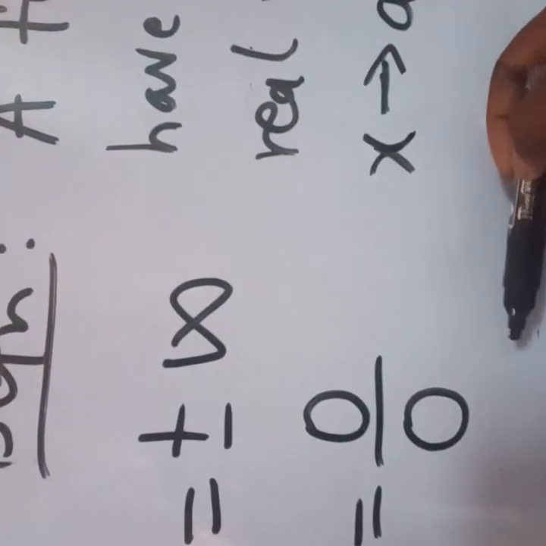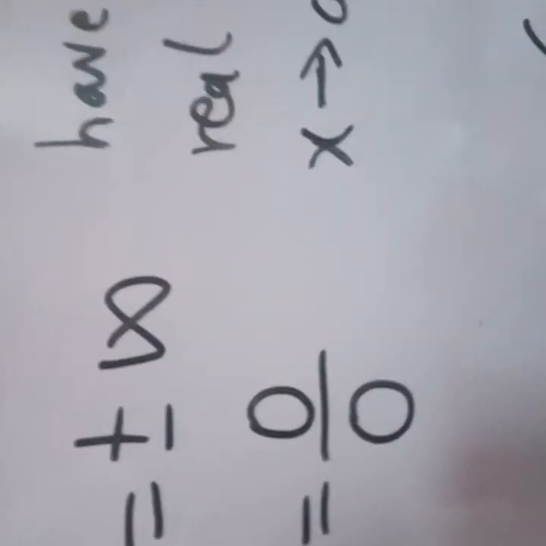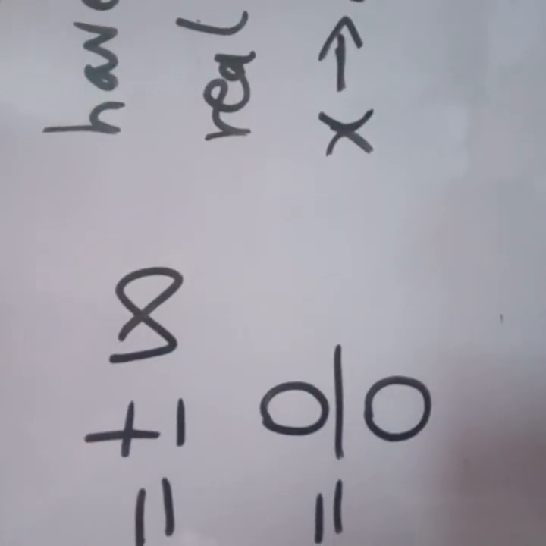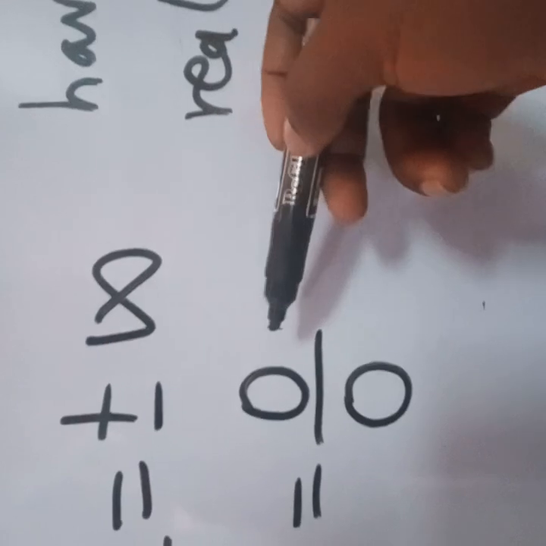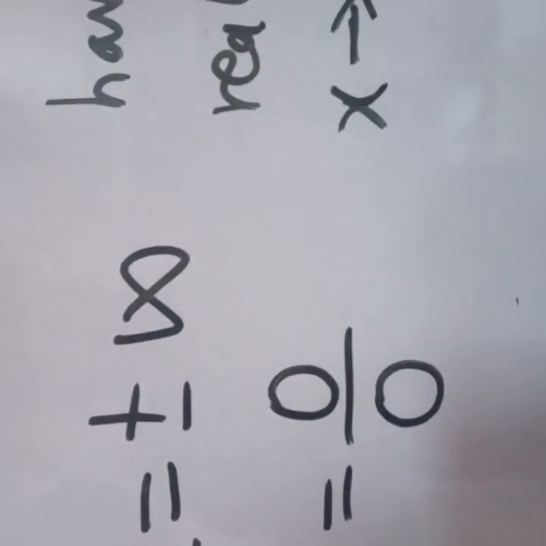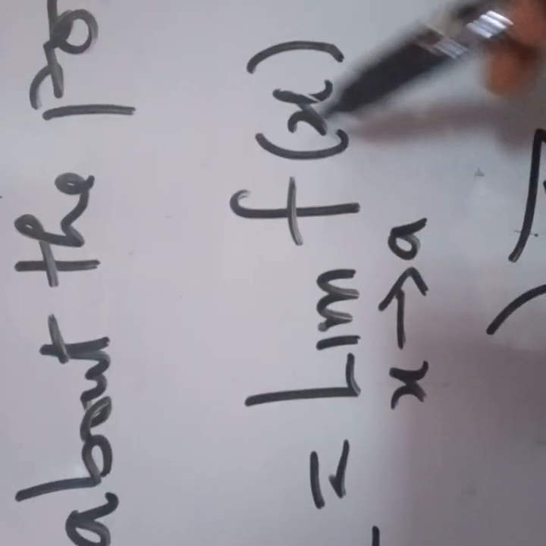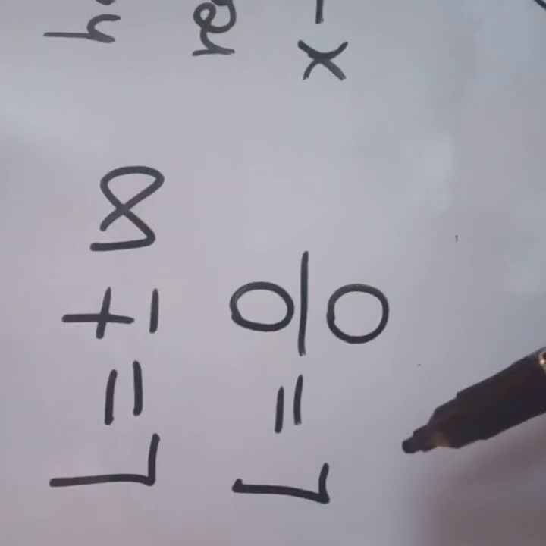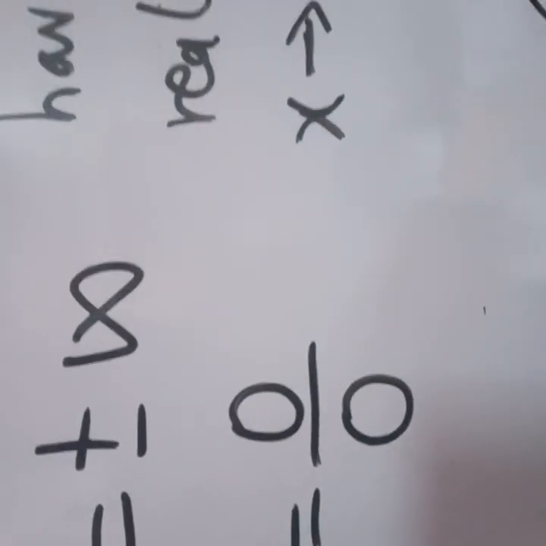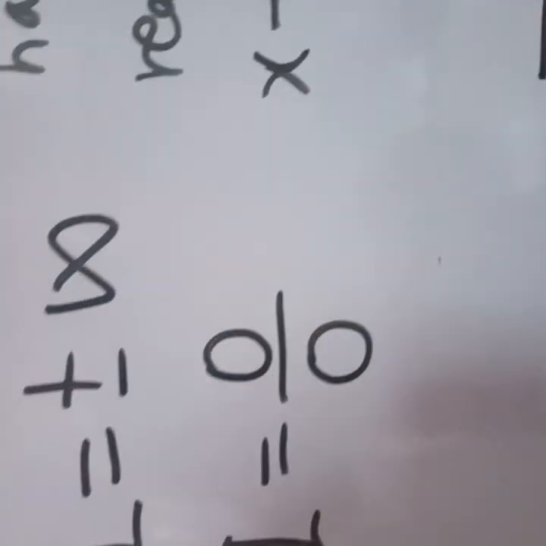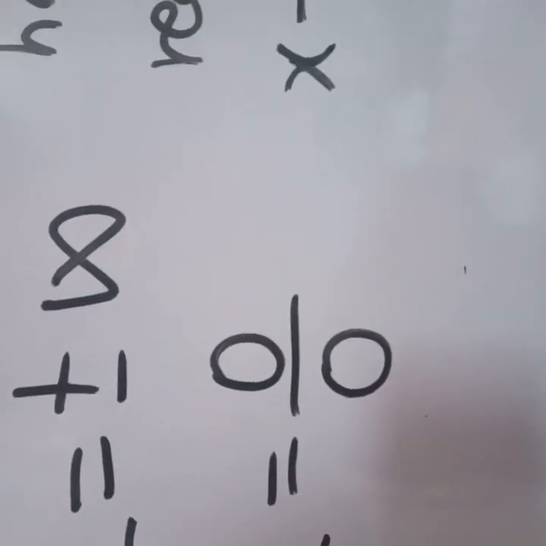But that does not mean this is a number, because this result is inconclusive. So if the solution of this limit gives us 0 over 0, then we conclude that the limit of such function is indeterminate. However, such form can be rectified.